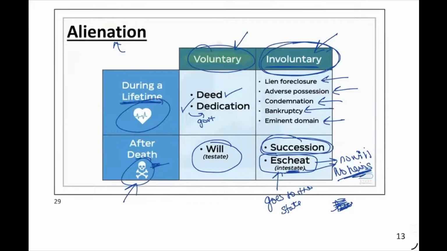Condemnation is when they take your property for the good of the public. Bankruptcy is where they say, well, you went bankrupt, you have to give it away. And eminent domain is the power, and condemnation is the action. They are the same thing. The government has the power of eminent domain to condemn your property so that they can own it while you're alive.